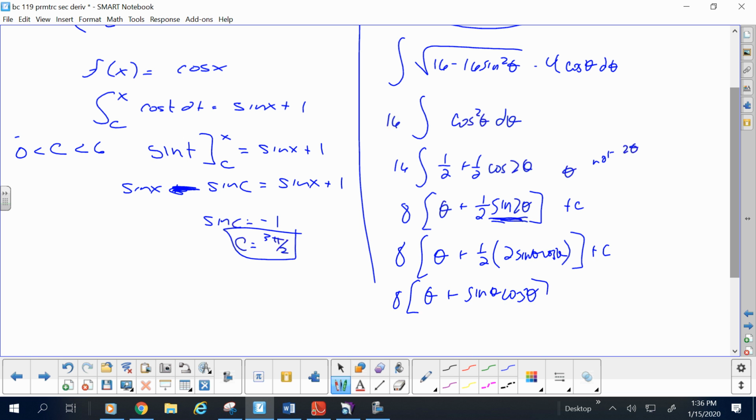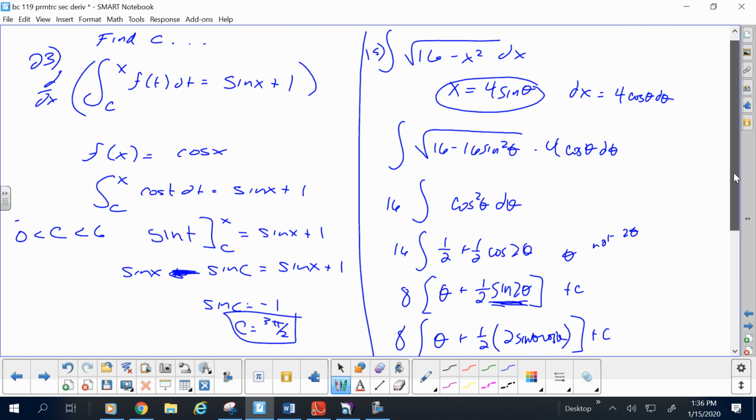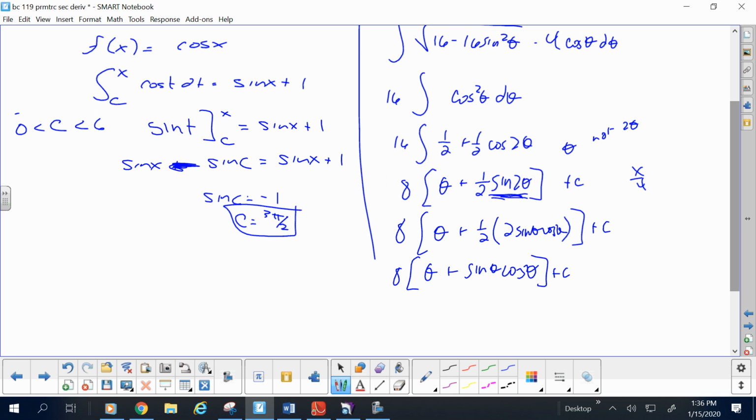Now we're rolling. Now we can draw the triangle. The triangle is something like x over 4 equals sine theta, yay? X is opposite, 4 is hypotenuse. So the square root of 16 minus x squared is adjacent. So what's theta?